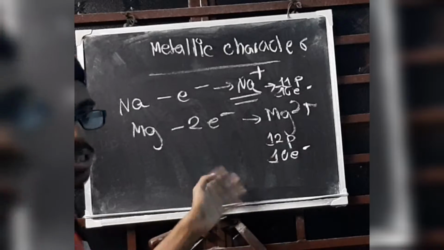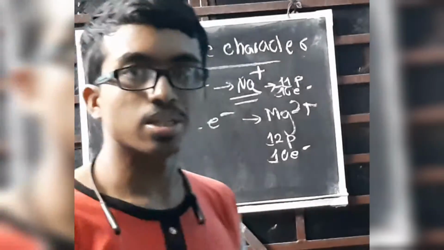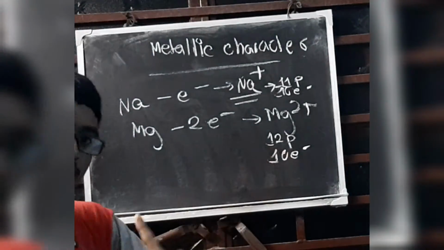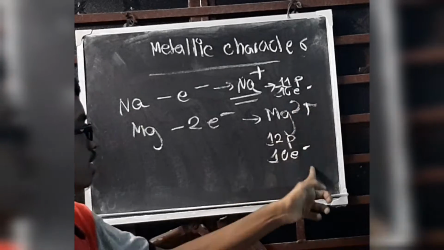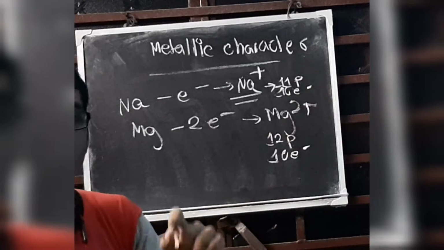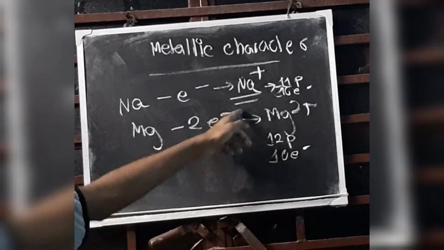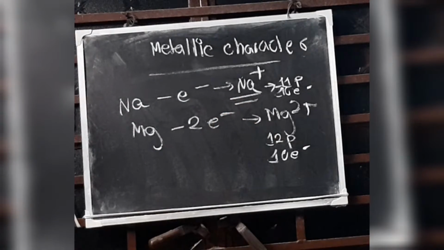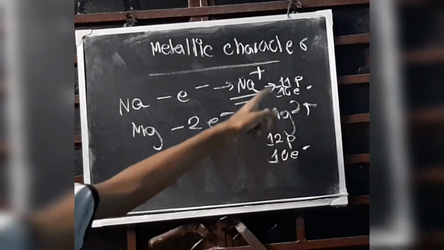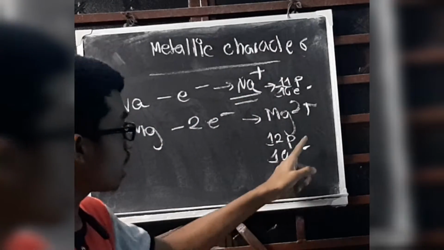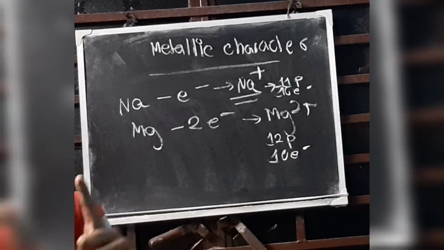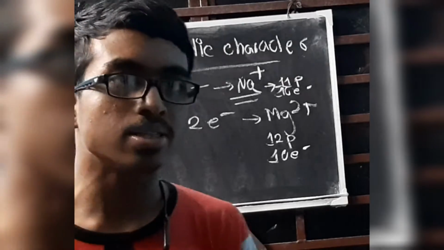They are isoelectronic species. This was done in the isoelectronic species as well. 10 electrons attracting 12 protons, 10 electrons attracting 11 protons. Whose size will be greater? First of all, you have to think that Na's size is greater than Mg's size. That is one factor. Another factor is the charge factor. So 10 electrons can be pulled more by 12 protons or by 11 protons. Write the answer in the comments.